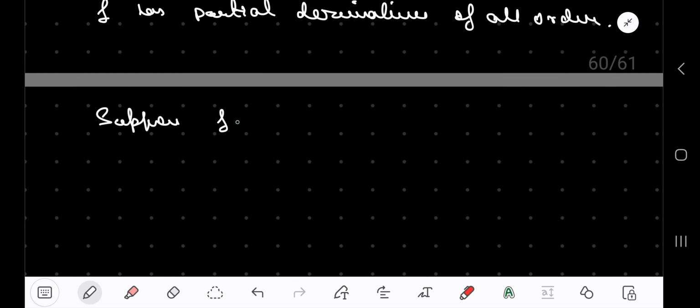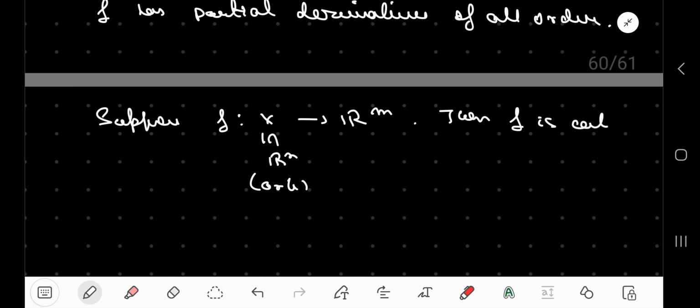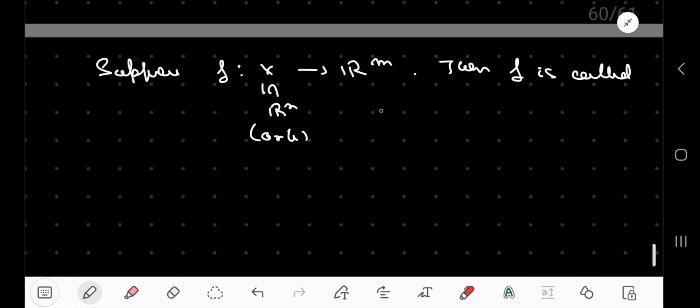Suppose f is a map from X to Rm, where X is some arbitrary set in Rn. We are not assuming it to be open. Then f is called smooth. We want to talk about the derivative, but we cannot do so immediately because X is not given to be open.